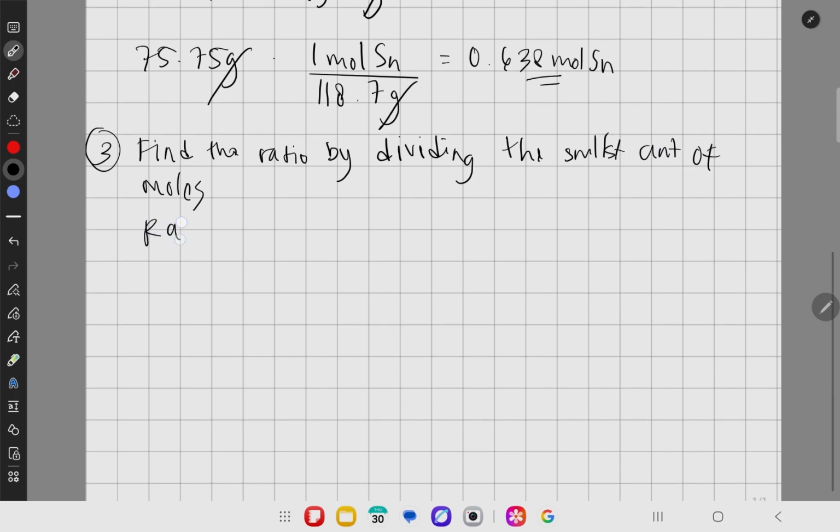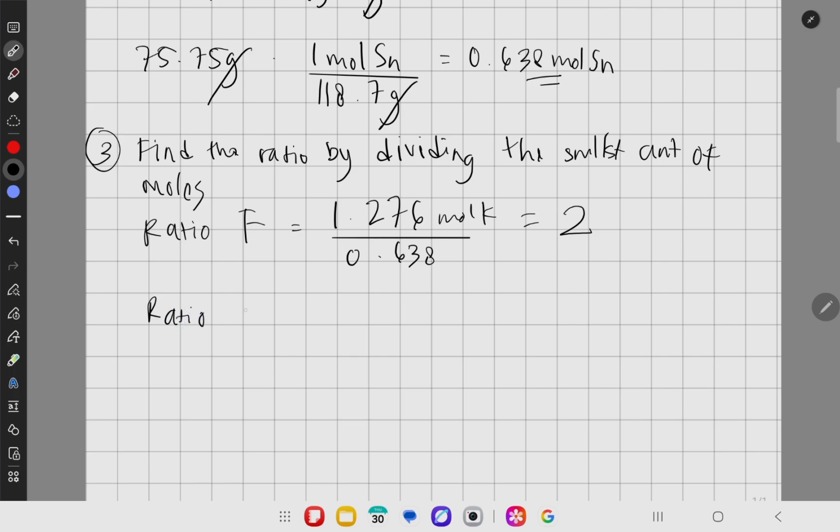So we can see here the ratio of fluorine, 1.276 divided by 0.638 mol F. So that will be 2, and then the ratio of tin would be 0.638 mol tin divided by 0.638, and we know the result is 1.